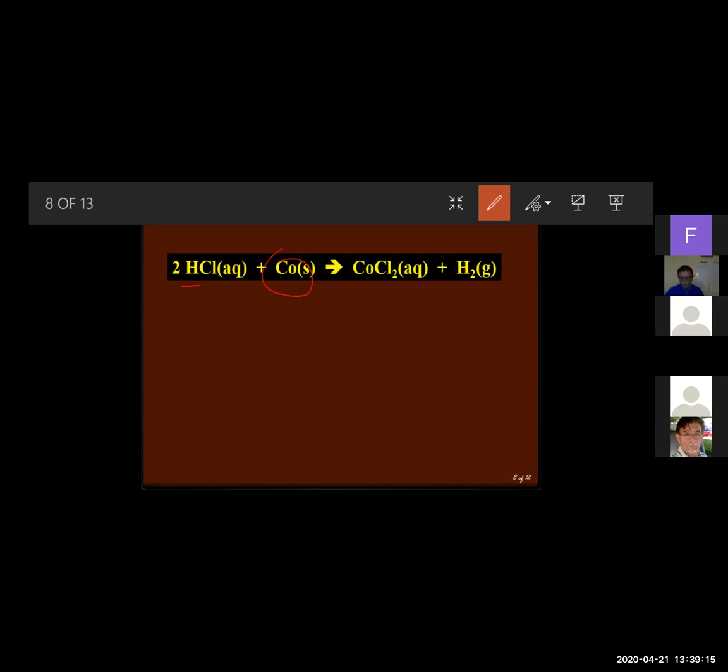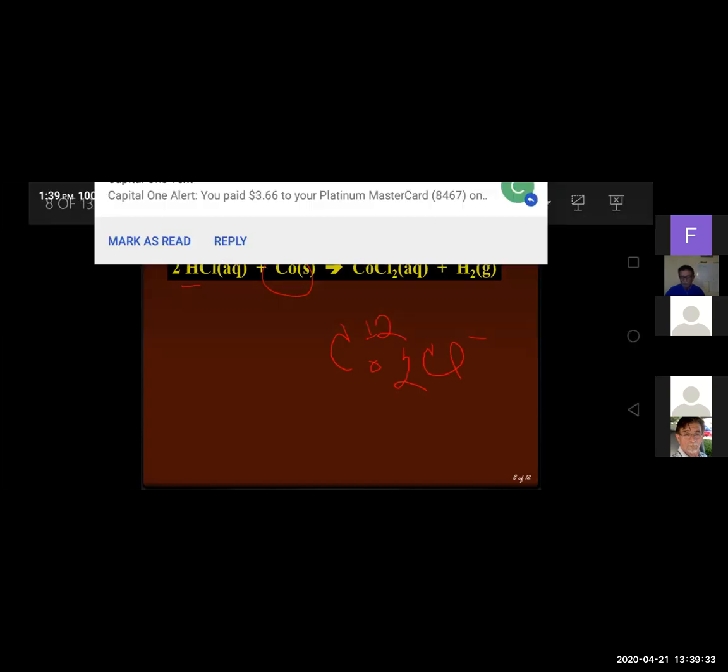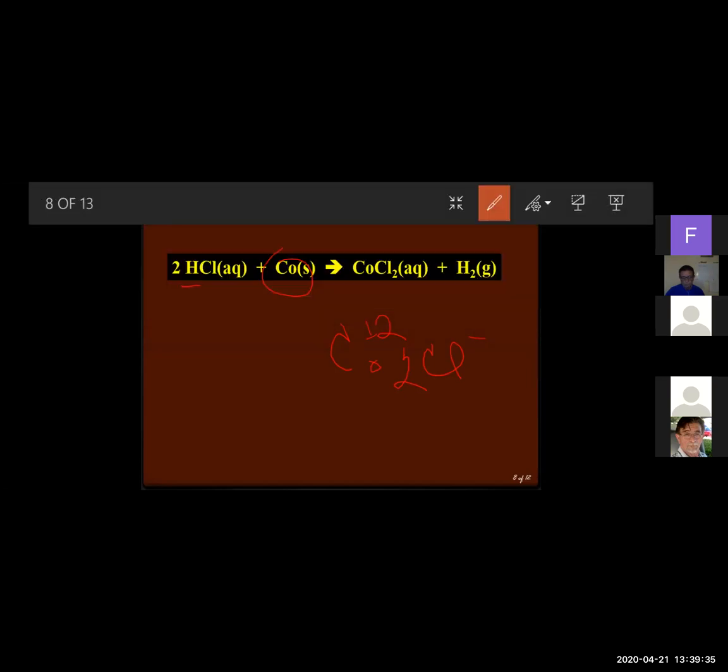Okay. They told you that cobalt has a +2, so you write the ions with a +2, and we know that the chlorides have a -1. Remember, they're in group 7, and therefore I need 2 of them to balance out the +2 of the cobalt. Okay. So then hydrogen gas is given as H2.